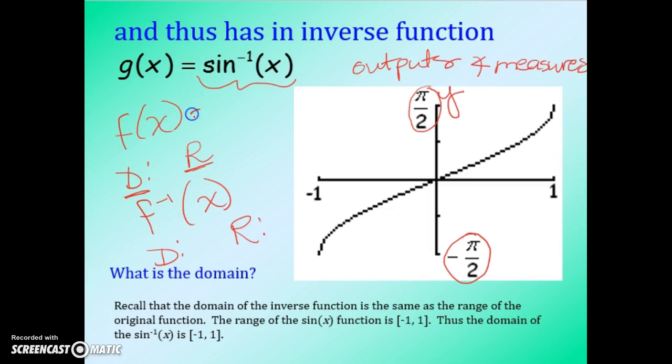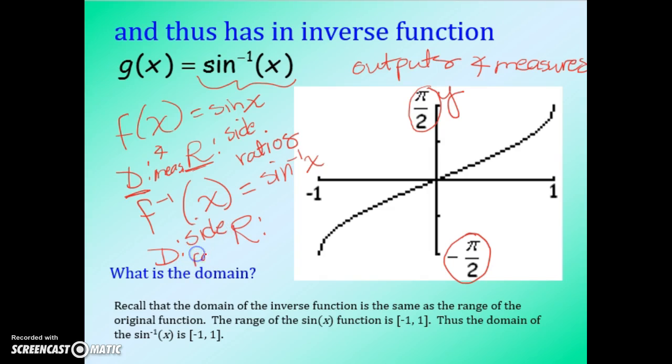So for the sine function, the domain was angle measures, but the range was side ratios. Square root of 2 over 2, square root of 3 over 2, 1/2. So what's going to happen for sine inverse of x is the domain now becomes those side ratios, and the range, the y values of this function, are now angle measures. So we just have to keep that in mind.